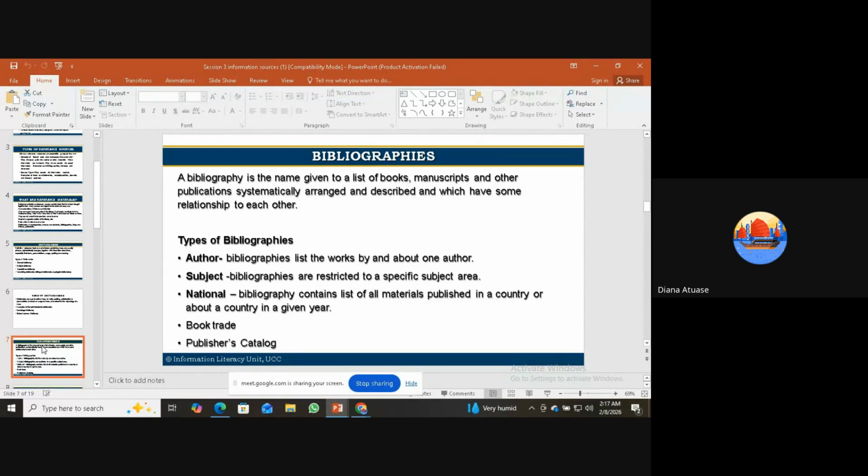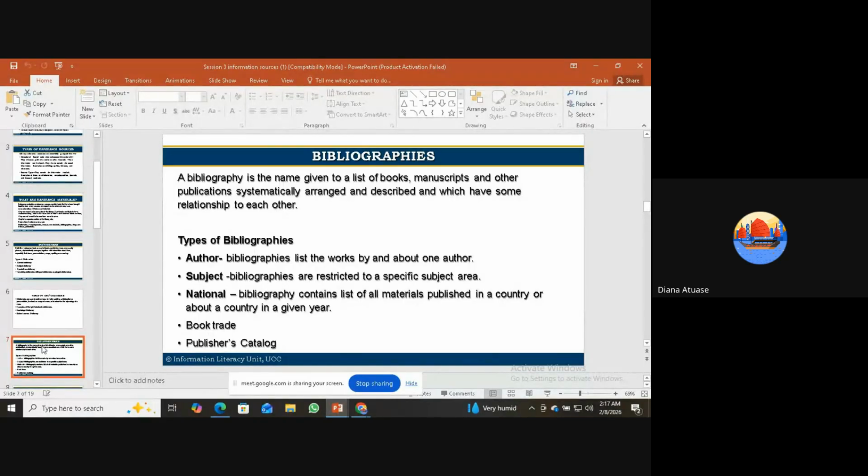So if you want to know what publications or works have been written on your subject area, when you consult the subject bibliography, it gives you information on whatever topics have been written in that subject area, and you become aware of it.